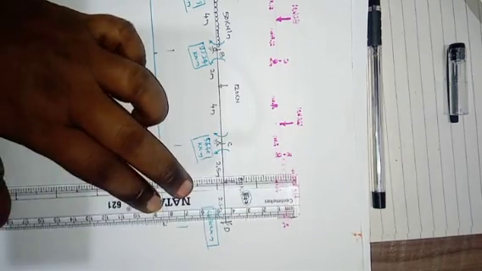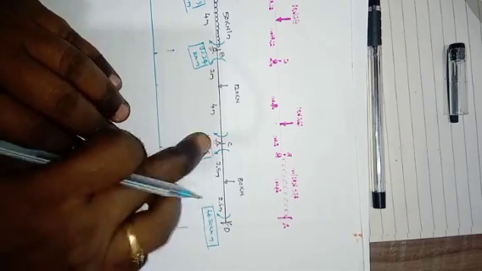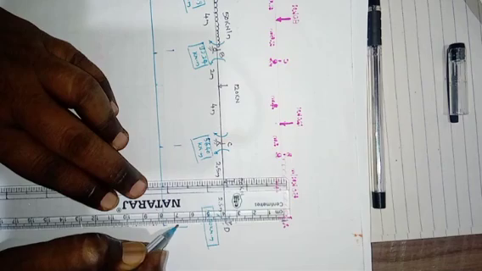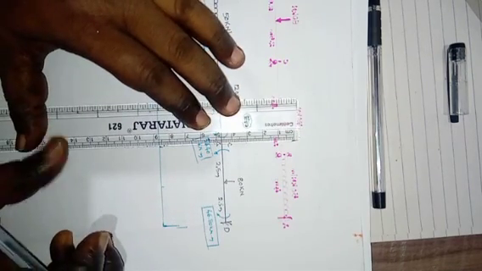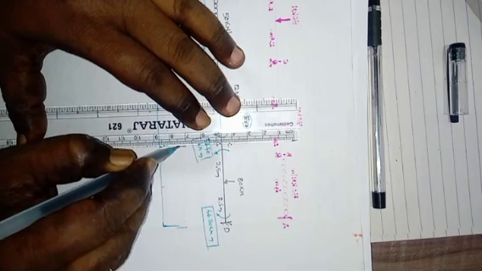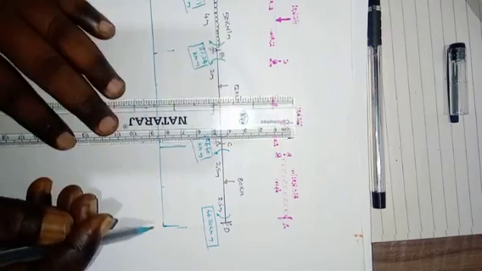Here the ordinate of this one is 46.8. By observing these two moments, both are hogging moments. With respect to the reference line, both are upward, that is hogging moments, shown above the datum line.